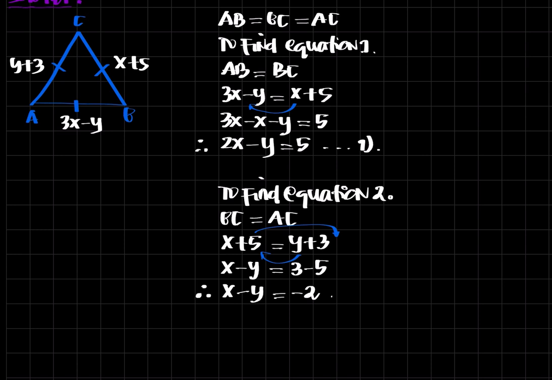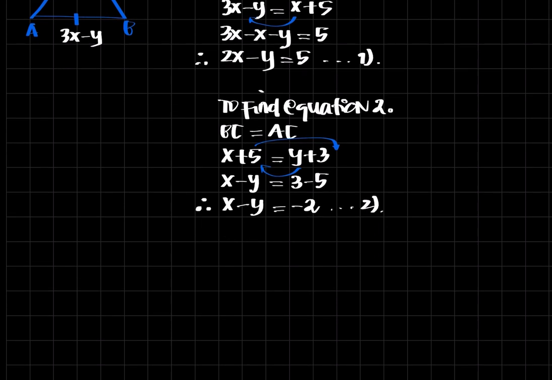So I have these two equations. Now apply the elimination method. So we can apply the elimination method. 2x minus y equals 5.